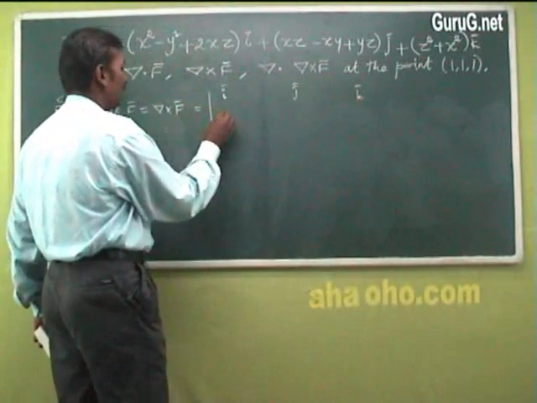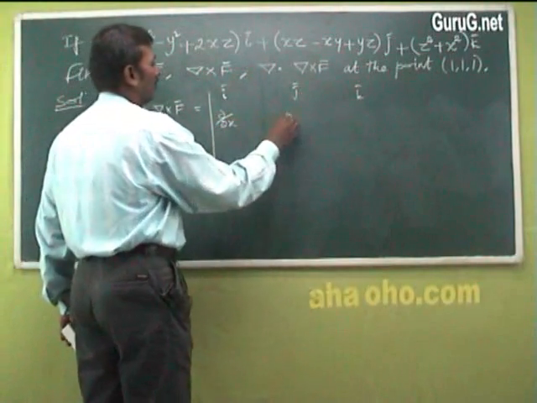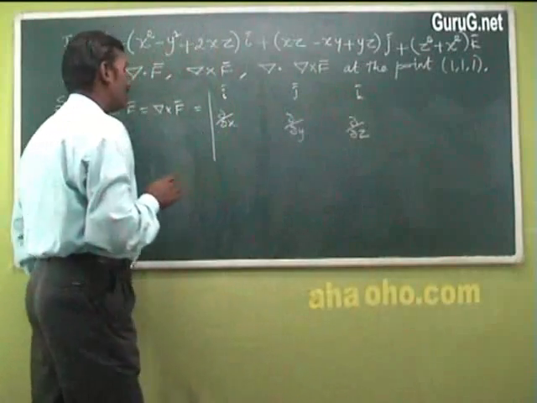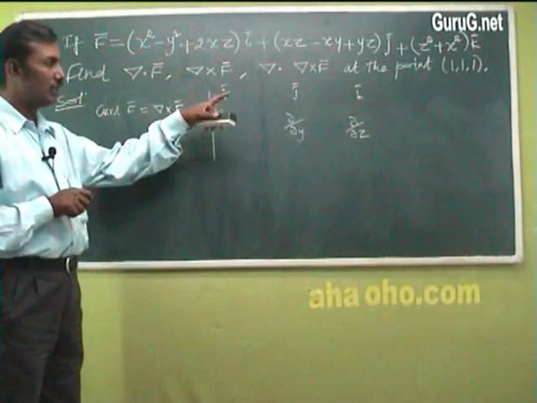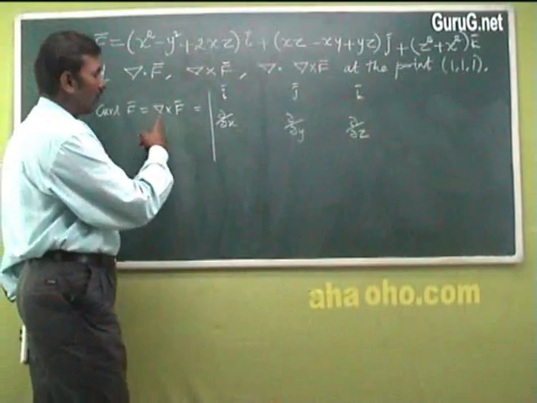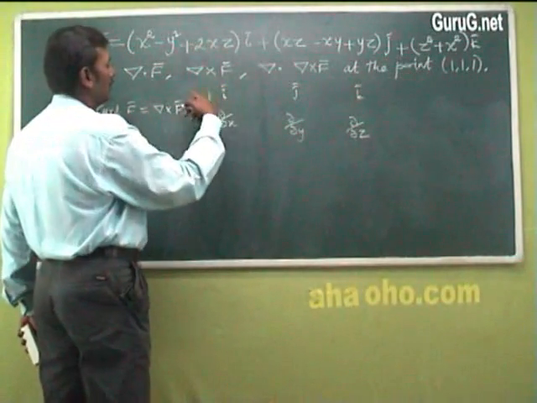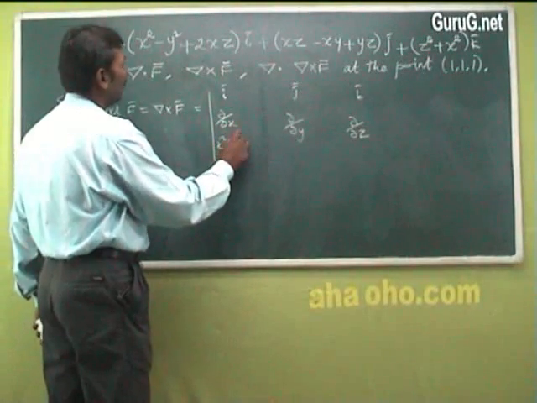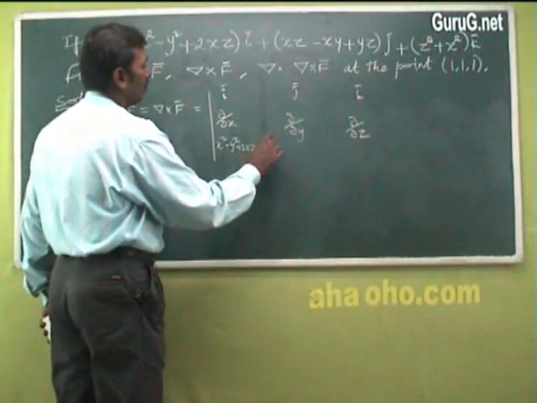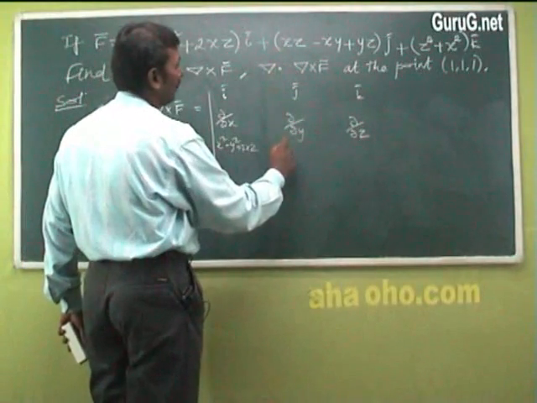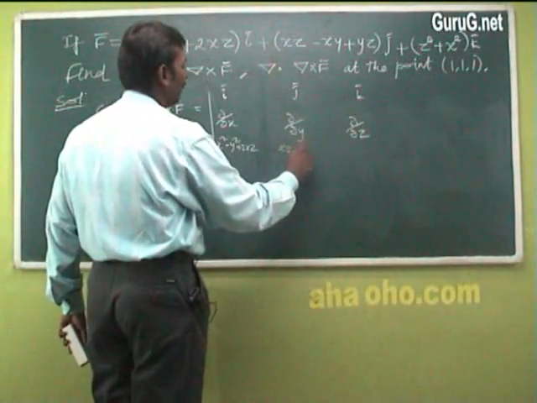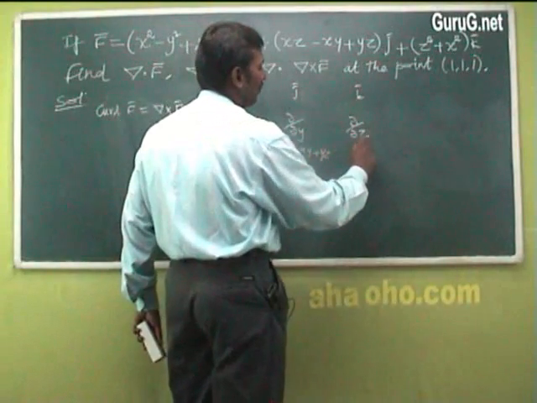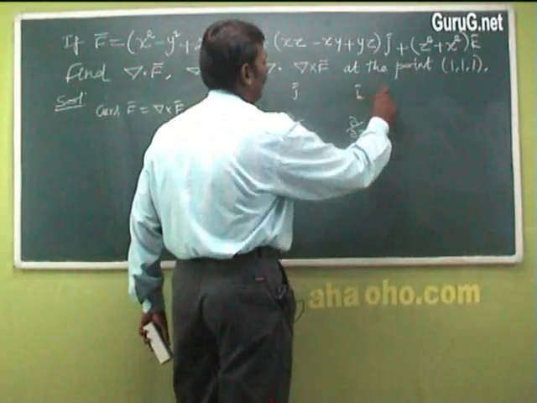The definition of del is dou by dou x, dou by dou y, dou by dou z. When we do the vector product, it is the determinant i, j, k, a vector quantity. So that is the component of i, the coefficient: x squared minus y squared plus 2xz. The coefficient of j: xz minus xy plus yz. Then here z squared plus x squared.